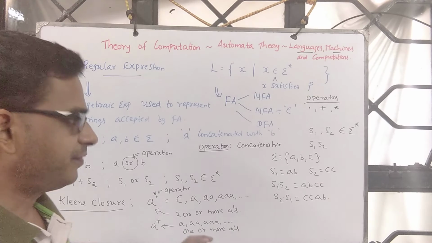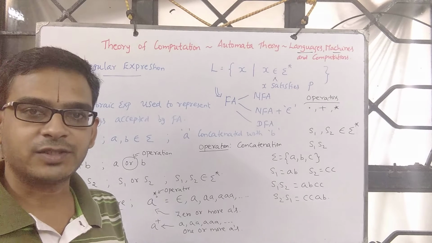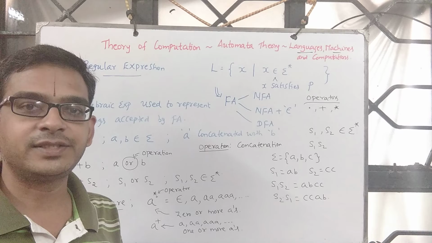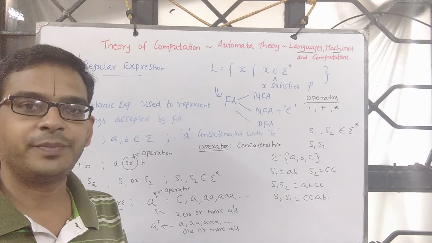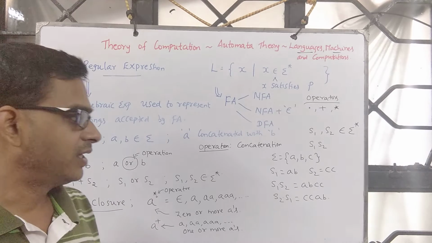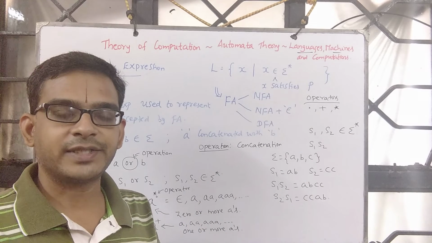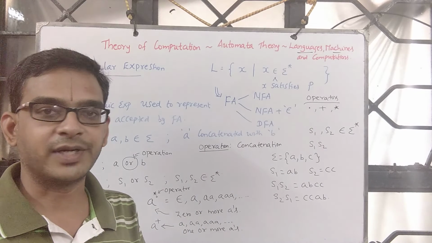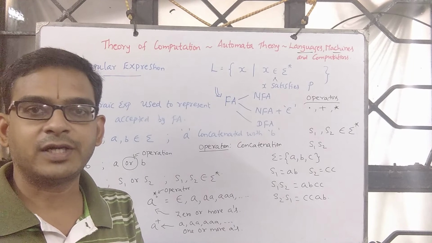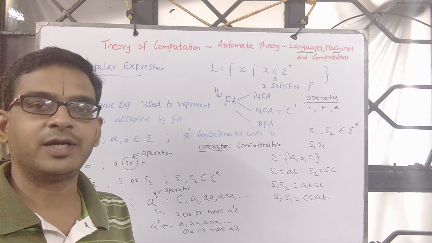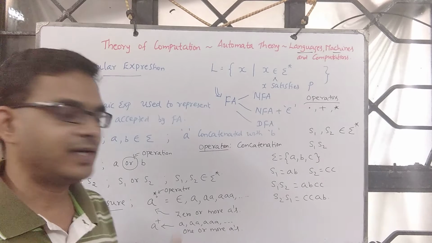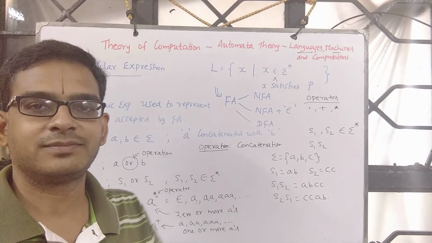So let's look at a couple of examples, and as always, try getting some insights out of it and slowly build an invariant, and subsequently we will prove that given an arbitrary regular expression, how do we construct a finite automaton, and given a finite automaton, how do we come up with an equivalent regular expression. So all that we shall discuss next.